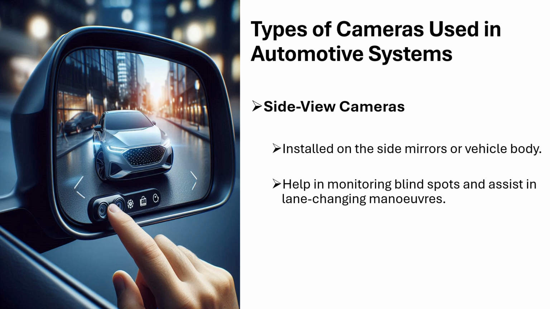These are very modern systems which help in lane changing, making it clearer what is happening on the side, and also detect blind spots. These are very minute cameras, and quite useful for these functions.